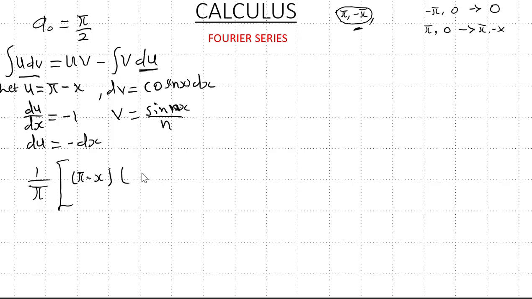Then our v is sine nx all divided by n, minus the integral of v, which is sine nx divided by n, then our du becomes minus dx. Okay, so this is what we are getting.